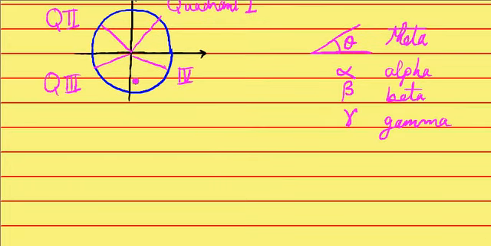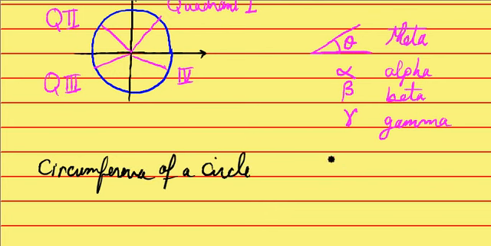Now, when we are going to talk about the angles, circles come in naturally, so we might as well go ahead and do a quick review of that topic. We need to know the circumference of a circle. If you have a circle, it comes with a radius. By circumference we mean, if you put a rope around the circle, how long would the rope be?